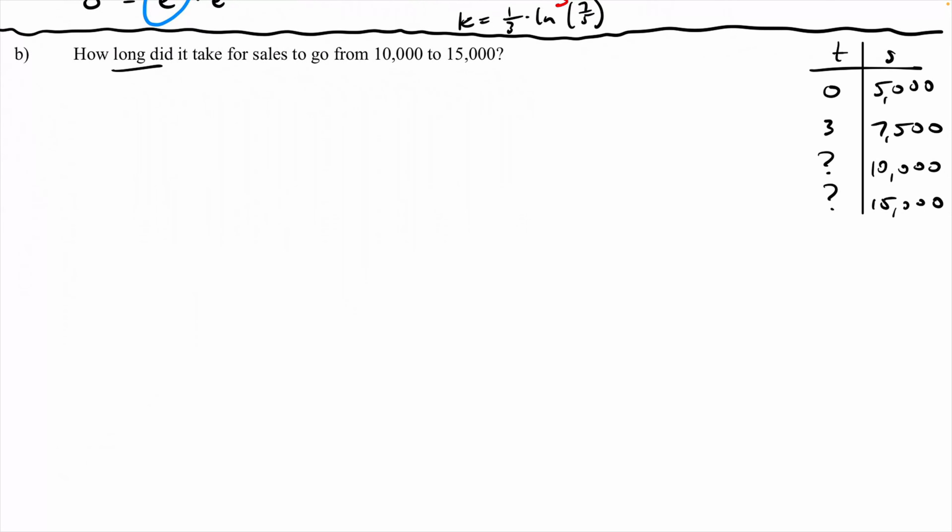So let's bring our formula that we just found. S equals 5,000 times E to the 1/3 times natural log of 7 over 5 times t, right? That was our formula. We got S, so let's plug it in and solve for t.